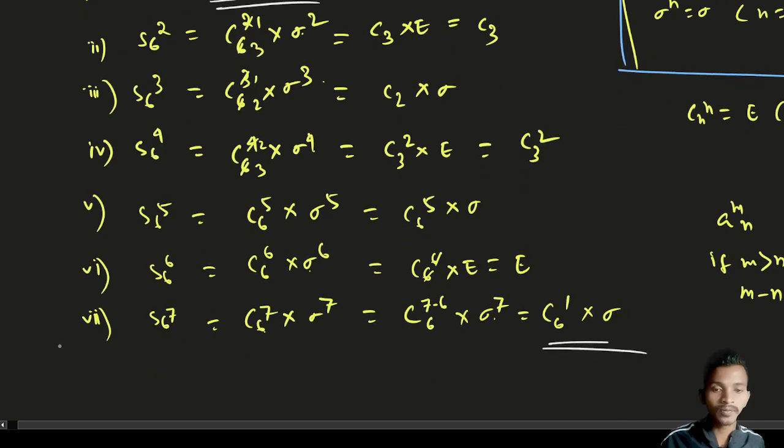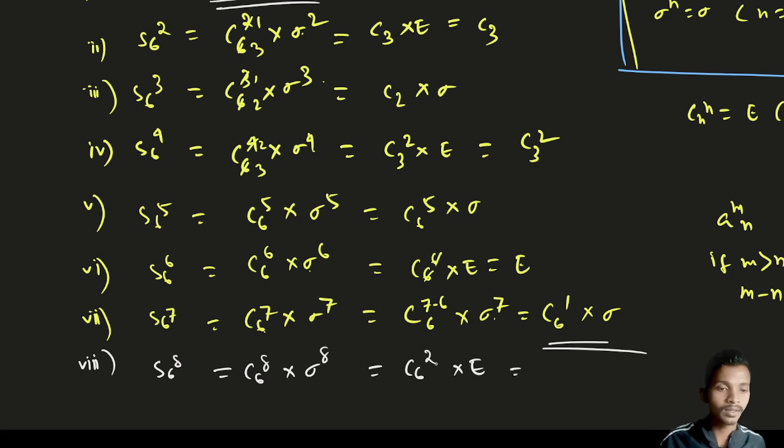So if you proceed again, let's say S6 8, then this is C6 8 into sigma 8, which is going to give C6 2 into E, that is C3 1.